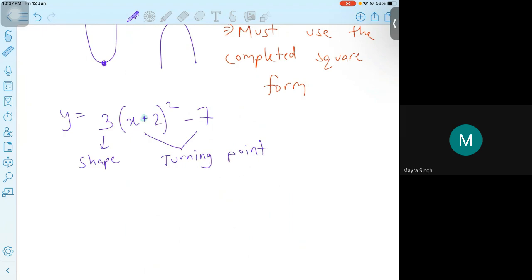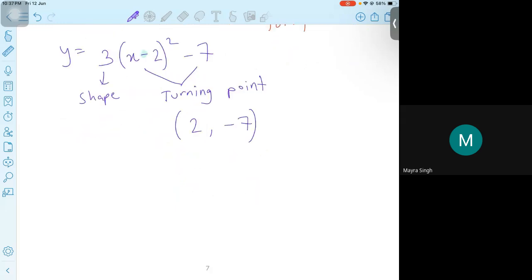But since it's a -2 here, we are working with a +2. So our turning point is going to be (2, -7). So our shape looks like this, and our turning point is at (2, -7). So our graph looks something like this. Does that make sense to all of you? Okay, that is wonderful. So let's move on.